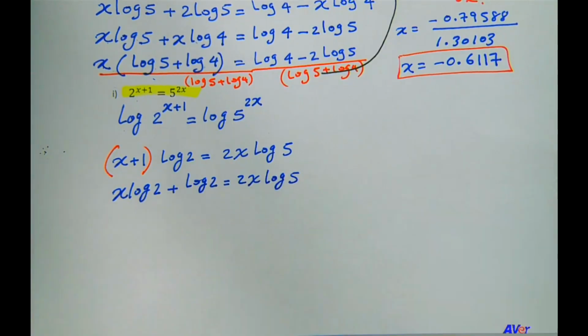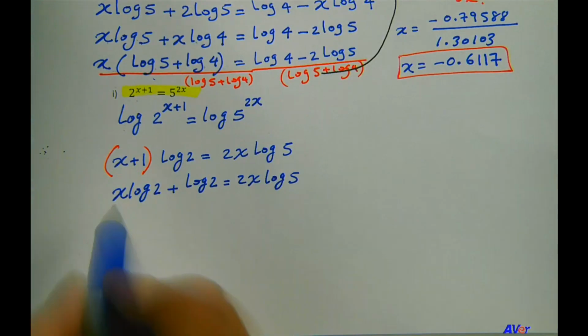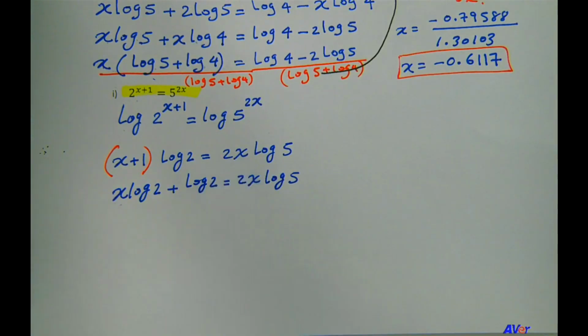We're solving for variable x, but x appears in not one term, but 2 terms, right? Here and here. Well, solving for x means we need to isolate it by itself. So what should I do now? Well, I need to bring all terms that have the variable I'm solving for, which is x in this case, to one side.